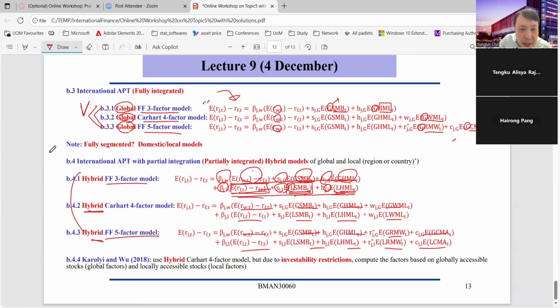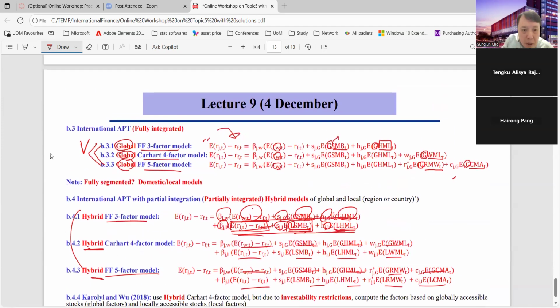However, we also find out there are size premium, momentum, value, profitability, and investment anomaly. So you shouldn't use only CAPM or a variation of CAPM. You need to use variations of APT model. In a fully integrated market, you can use this global model. In a hybrid market, you can use this one.